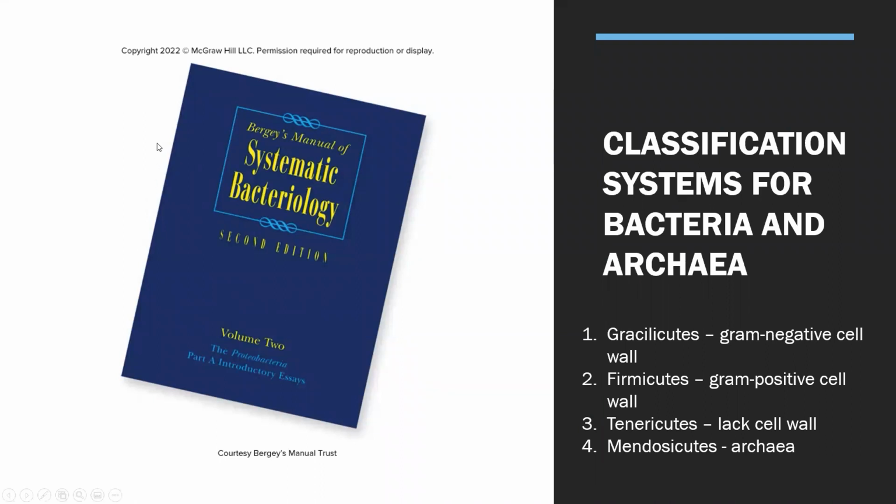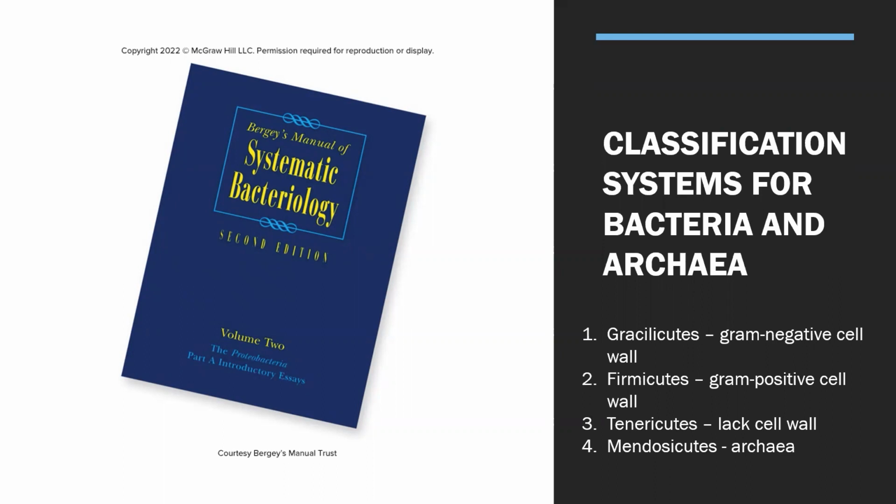Microbiologists use Bergey's manual for characterizing and classifying new types of bacteria and archaea. There are 4 main categories, and they're primarily categorized based on their cell wall. So we first have our gram-negative bacteria.